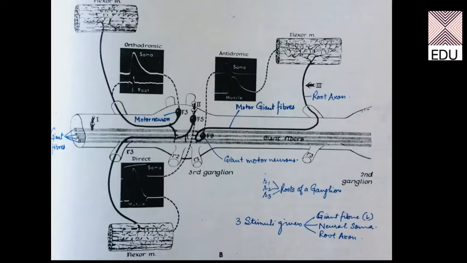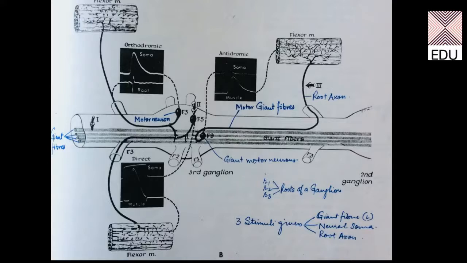So that is a kind of reflex action that has been shown by the crayfish, and this is under the control of the giant fibers. So that was the case of the flee action.